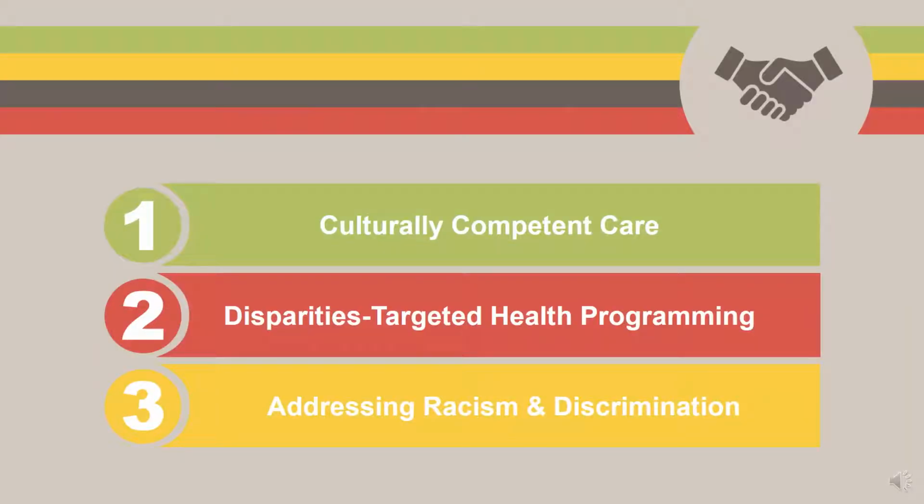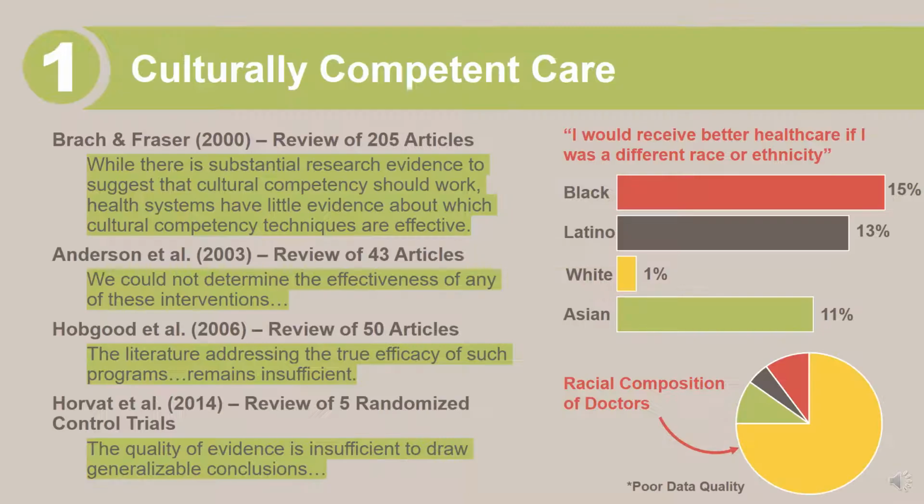And so when it comes to our public health response, I would like to highlight three key strategies to overcome the litany of ways in which minority health is degraded through social oppression. The first of these is providing culturally competent care.